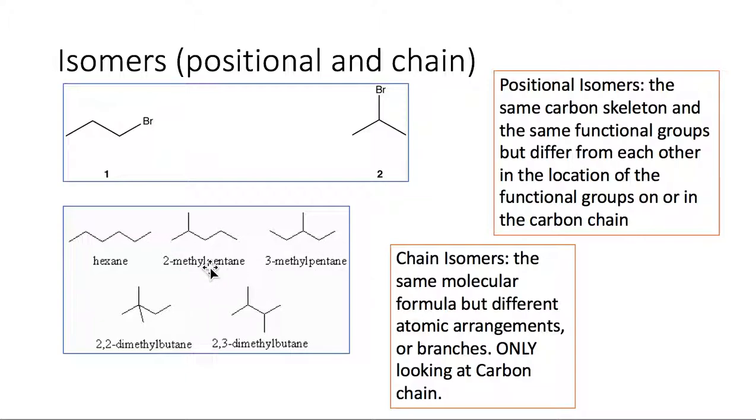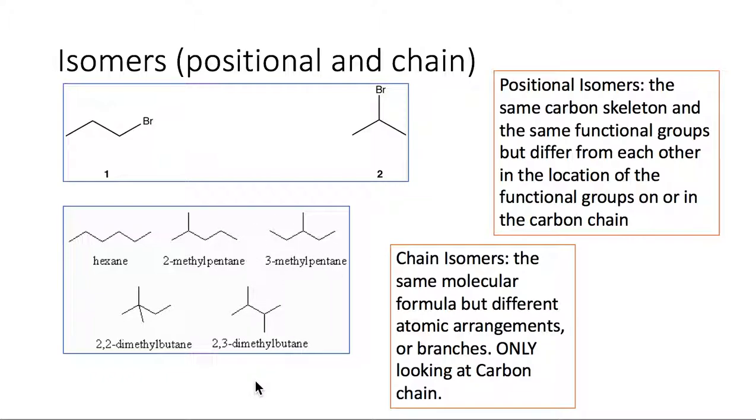I know that you might argue, well, you are changing the position of the methyl, but no, it's not a functional group. It's just the chain of the carbon backbone, okay? We're only looking at the differences in the arrangement of carbons for the chain isomers.